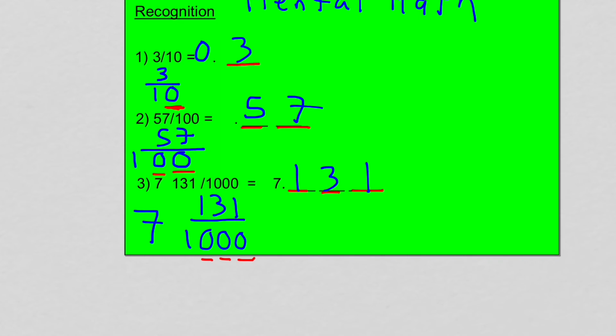So we have 1 tenth, 3 hundredths, and 1 thousandth, for 131 thousandths. 7 and 131 thousandths. Tenths, hundredths, thousandths. So we always determine the number of decimal places based on the number of zeros if our fraction is out of 10, 100, or 1,000.